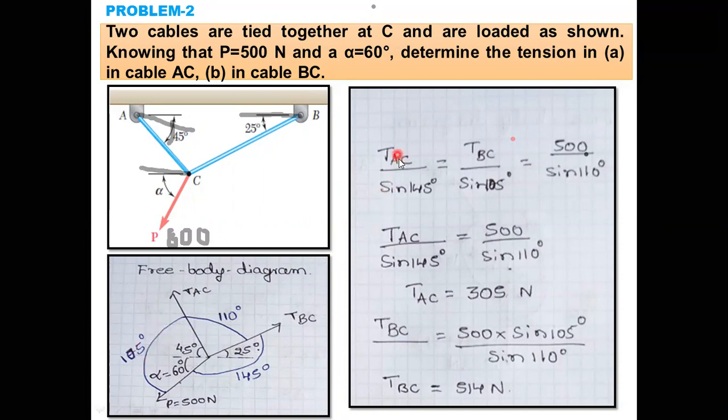Next, you equate all the forces: TAC by sine of 145 is equal to TBC by sine of 105 degree, which is equal to P, that is 500 by sine of 110 degree. Equate any two, where one is a known and another is an unknown parameter. Then we can easily get the unknown parameter. Here we got the TAC and TBC values. It is the same as the previous problem.